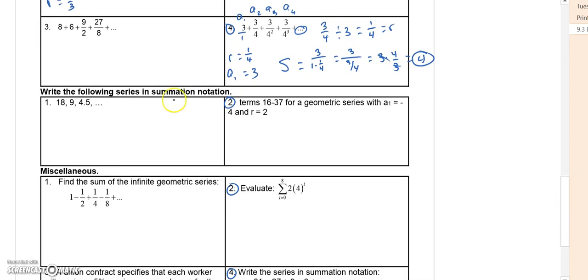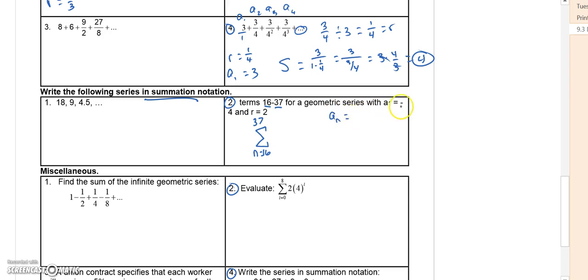Okay, write the following in summation notation. So summation notation, this is our sigma. I need my index numbers here, so let's use n. I want to start with the 16th term and stop with the 37th term. So start with the 16th, stop with the 37th, and then this part here should be the right side of my explicit formula.